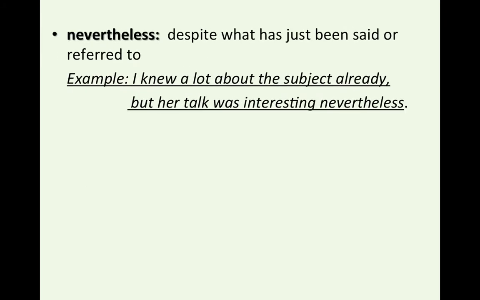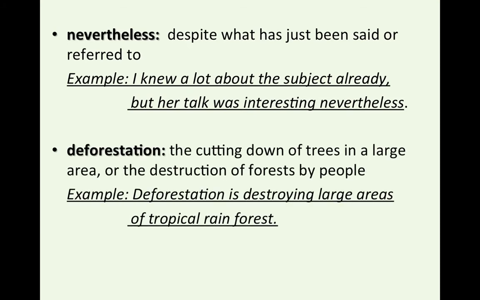So the word nevertheless is very similar to the word nonetheless. And then deforestation means the cutting down of trees in a large area or the destruction of forests by people.